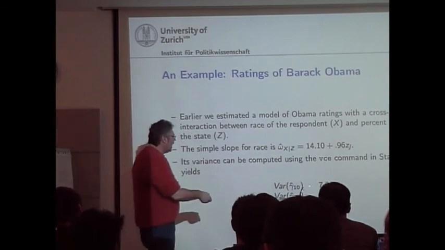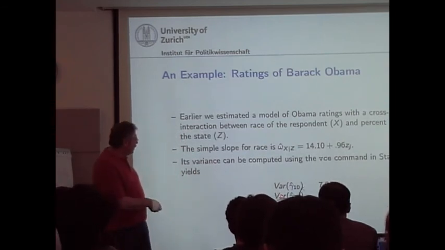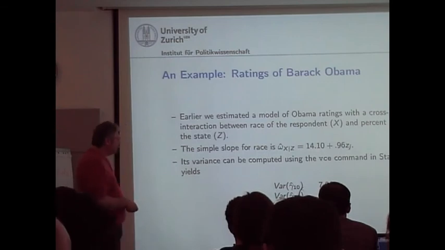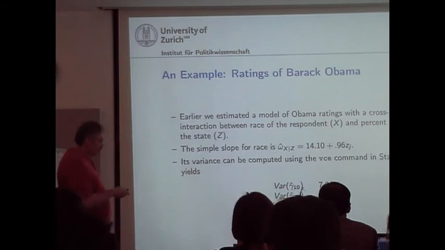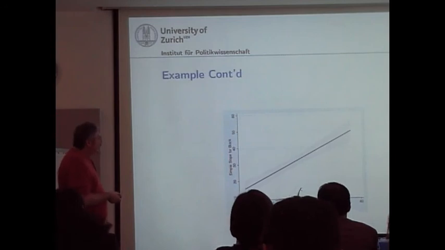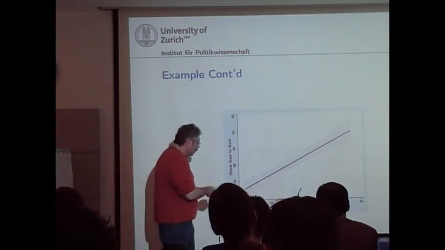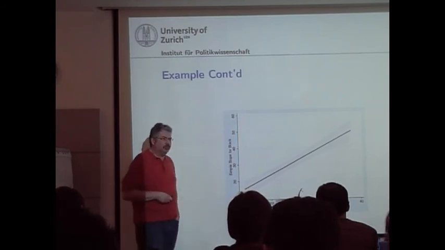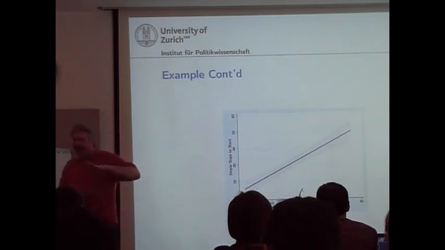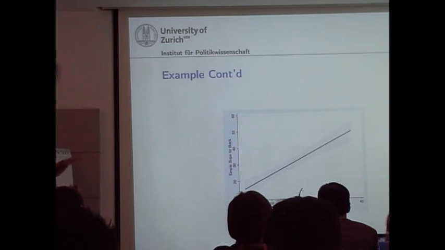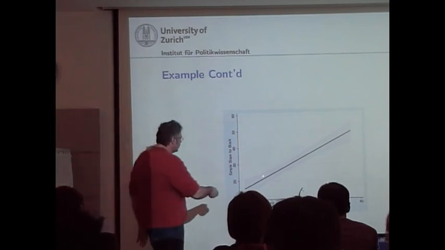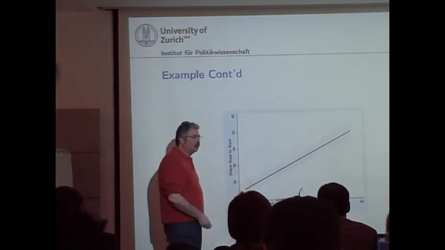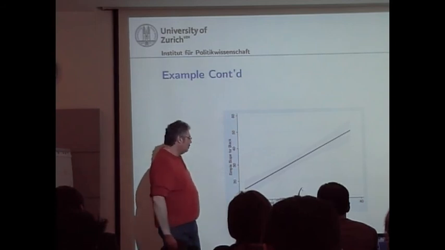Variance for the effect of black is 7.96, the variance for the interaction is 0.02, the covariance is 8.37, and then if you look at the simple slope, then you see that indeed you get a positive relationship, which means the gap between black and white increases as the percentage of black increases. And this is the confidence band that I've drawn around that.